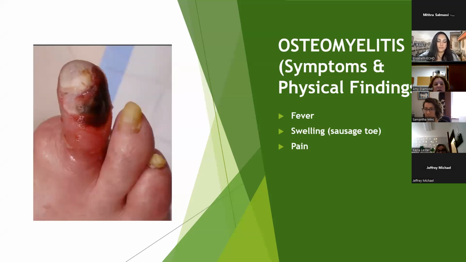These are the patients who come in with a swollen, painful toe. There may be malodorous discharge. So those are some of the common things. Sometimes they don't have the malodorous discharge, they just have pain. It depends on what part of the continuum, but when we see these sausage toes, and we have an ulcer with a sausage toe, we want to obtain diagnostics.